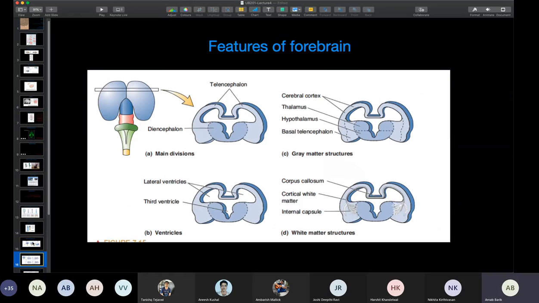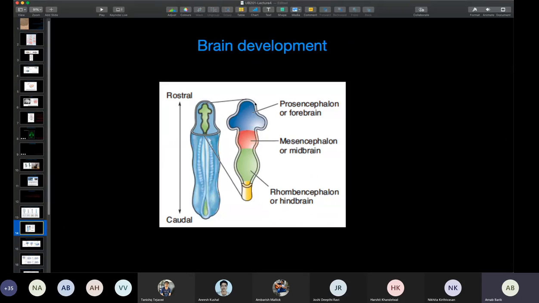So what are the features of the forebrain? In a developing brain, if you make a cross section, you have the telencephalon at the top. Slowly, during initial development, you have separated forebrain, midbrain, and hindbrain.